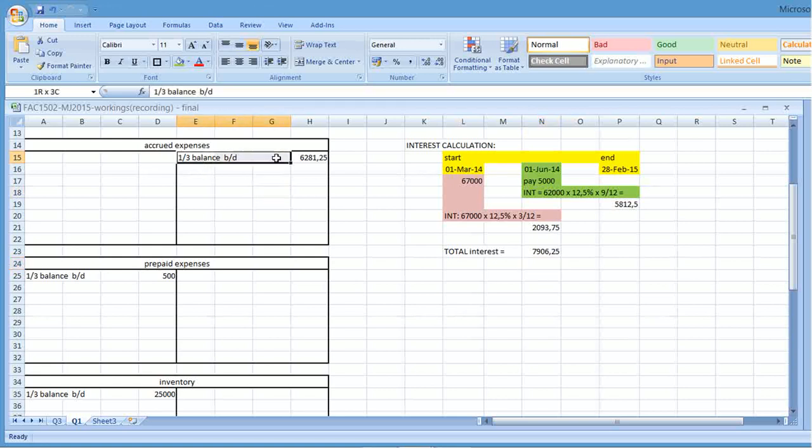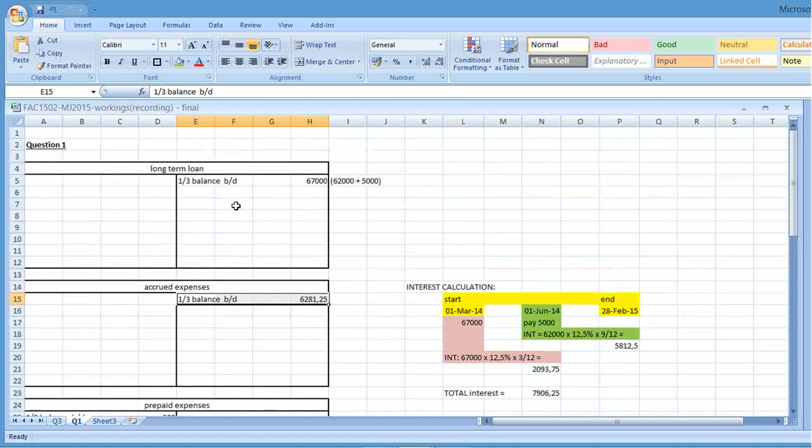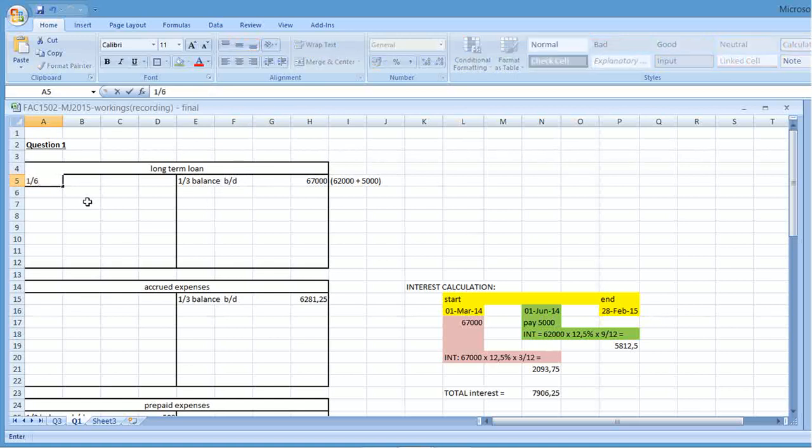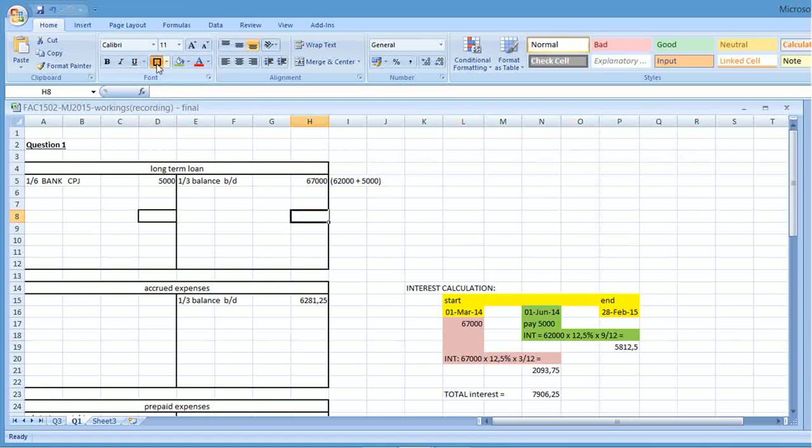We know that the balance here was 67. We know we're going to be paying a portion during the year. When do we pay? On the 1st of June. We make a payment, so that's going to affect our bank, cash payments journal. We're paying 5,000. And then we'll have a balance brought down and carried down for the next period.